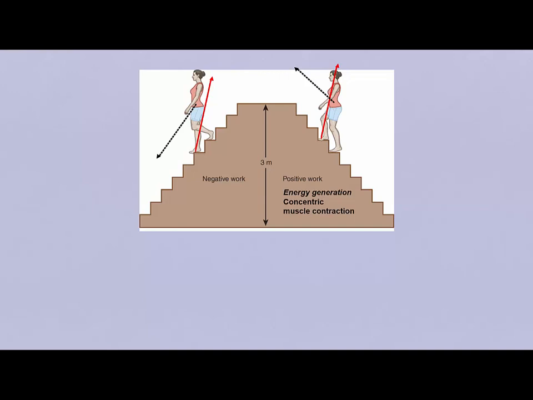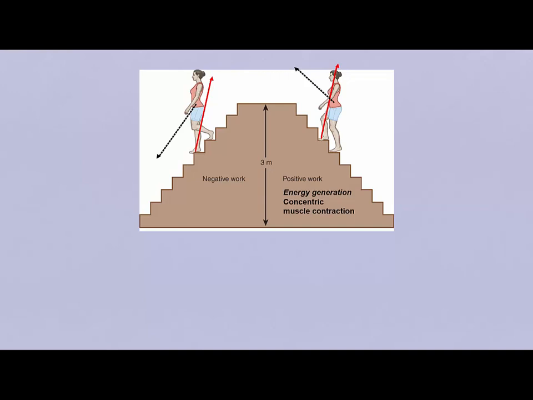The way you can think of it, just think about muscle contraction. Going up, what do you think her muscles, more specifically, what do you think her quadriceps are doing when she's negotiating up the stairs? Well, look at quadriceps. Quadriceps extend the knee. Does she extend her knee when she goes up the stairs? Yes. So therefore, those knee extensors are concentrically contracting.